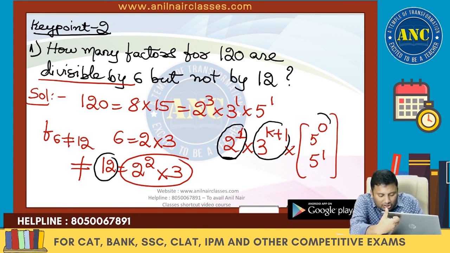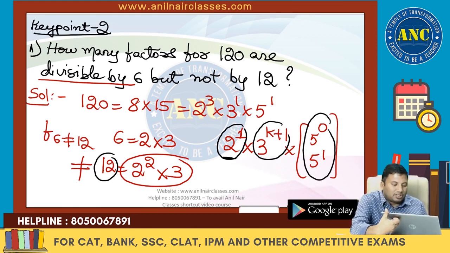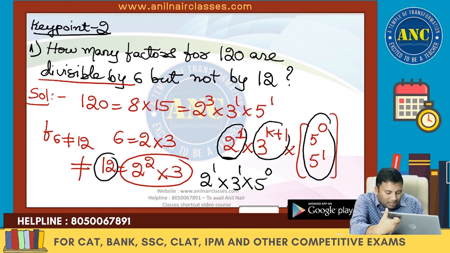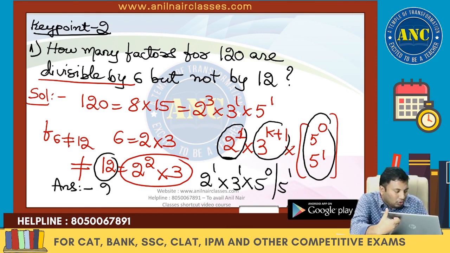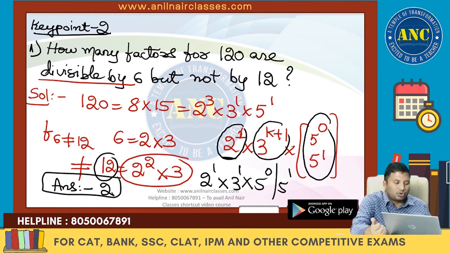There is no restriction on 5, 5 power 0, 5 power 1. So 2 power 1 should be there, only 3 power 1 into 5 power 0 or 5 power 1. Answer for this question is 2.